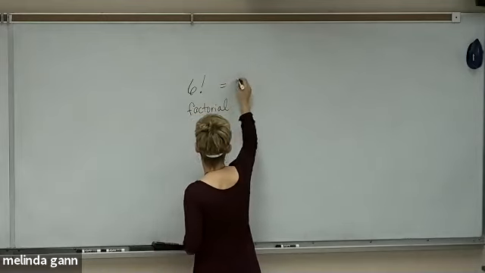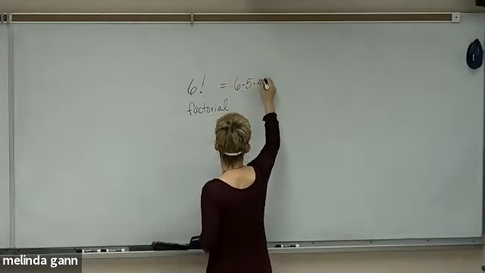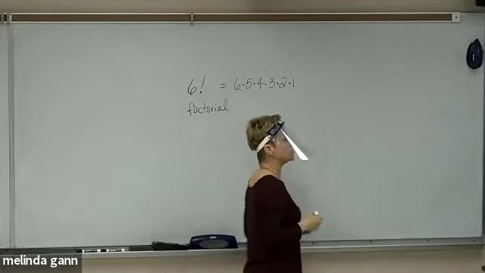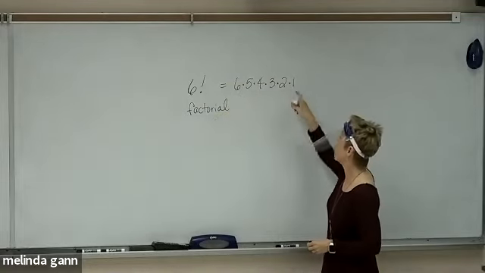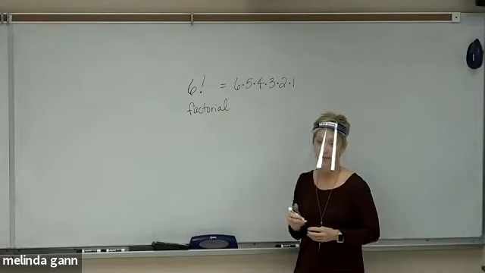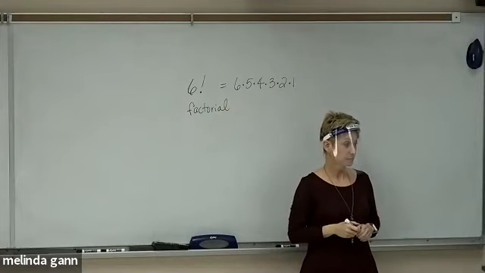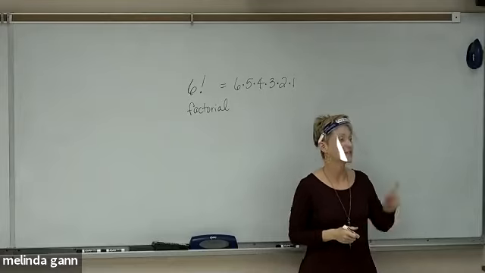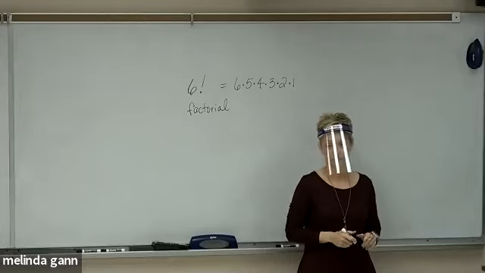Here's what that literally means: 6 times 5 times 4 times 3 times 2 times 1. You start with that number and you go down by 1 until you get to 1, and you multiply it. The reason I'm telling you that is because the formula for permutations has that exclamation point in it.